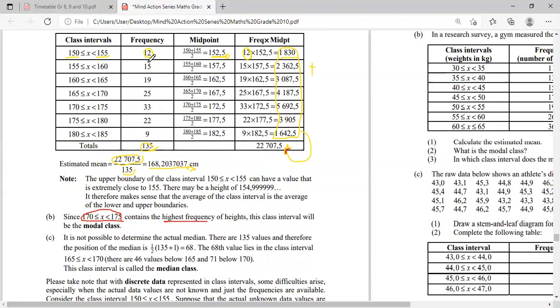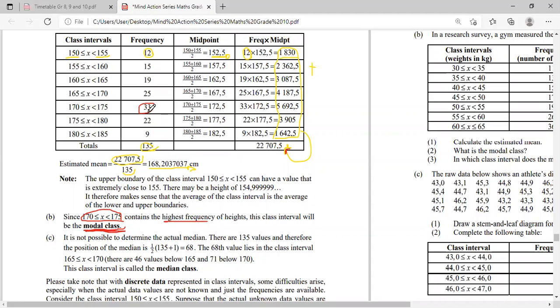If we look at these values, this is 12, 15. This interval, the data value sitting here, we assume will be the one that has the mode. This would be the modal class because of its highest frequency.